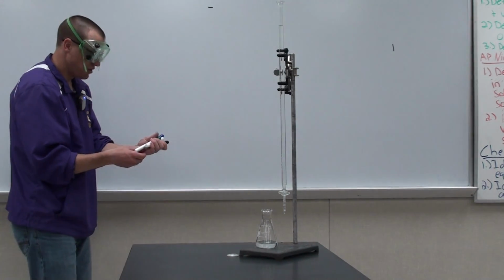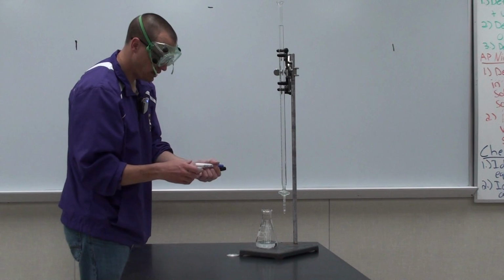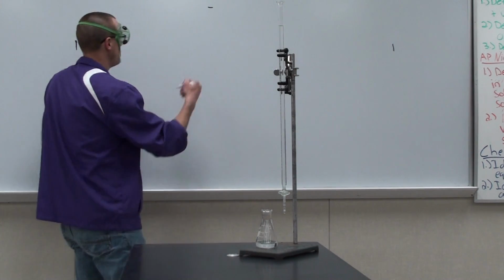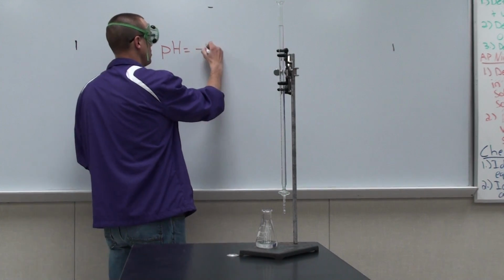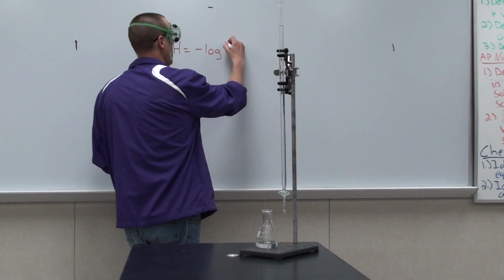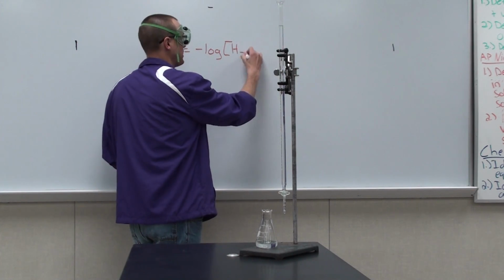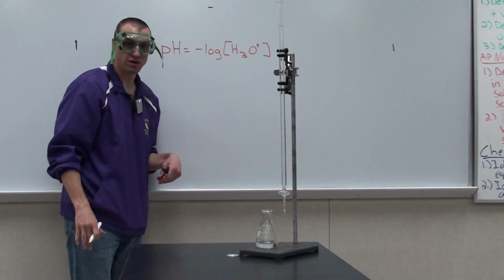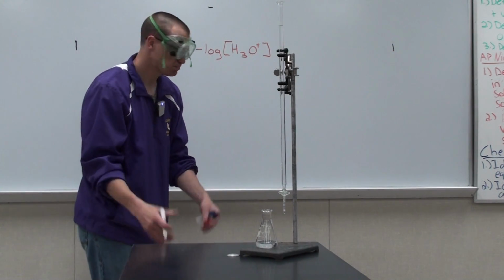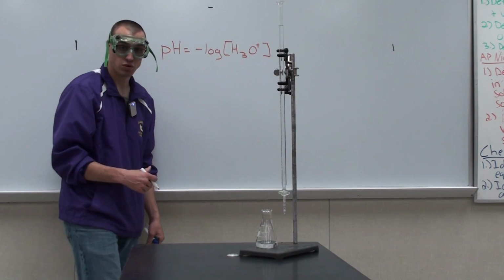So to find the pH before we get going inside of this flask, we need to take the negative log of the concentration of our acid, which is equal to the concentration of our H3O+ ions. So in that flask there is a 0.1 molar solution.